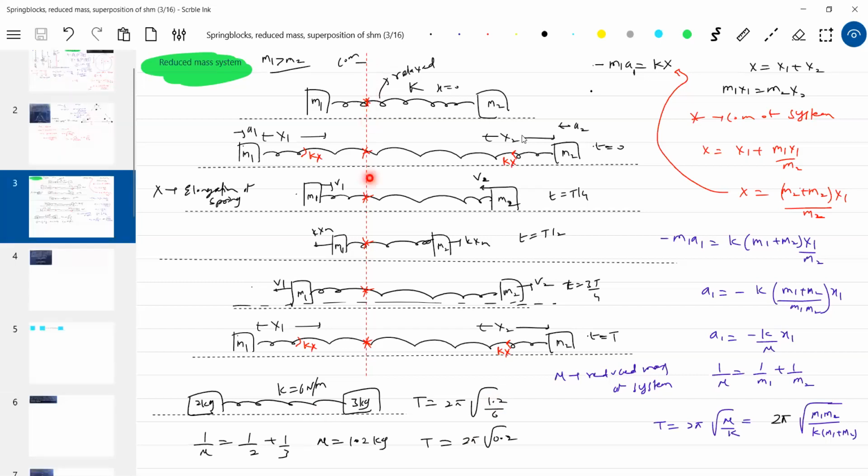The center of mass will not shift. All the basic ideas we have already discussed in center of mass. If you can recollect, what is the maximum speed? Then what is x? X is the displacement, the initial elongation of the spring, and they are released from rest. Let me take the next question.